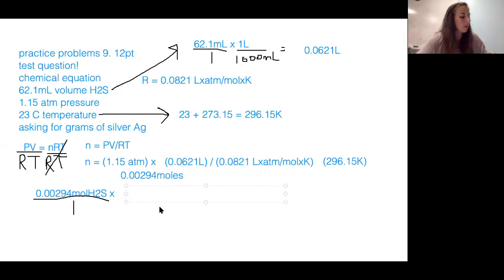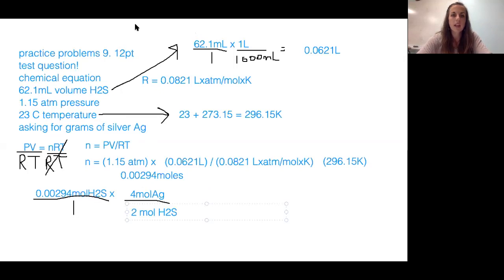So I'm gonna look at my chemical equation, and I'm going to silver. So I see I have 4 moles of Ag in the chemical equation that they give me in the question. And that's going to be over the number of moles of H2S they give me in the equation, because I want that one to cancel. So I have 2 moles of H2S.